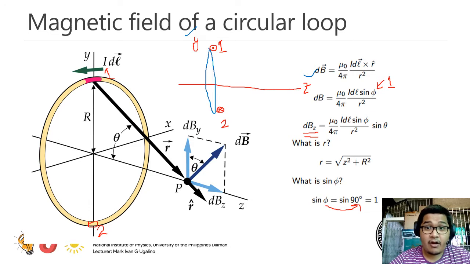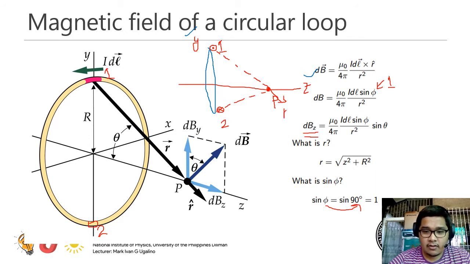So at point P, we can draw a broken line that connects the observation point P, or the field point P, and the source points 1 and 2. Due to 1, R hat is pointing in that direction. It's just in the same line connecting your source point and field point.